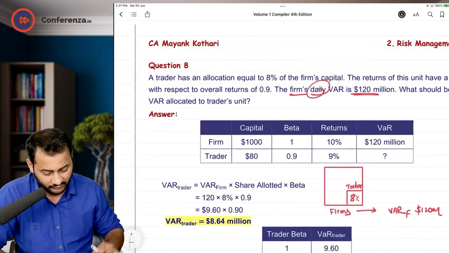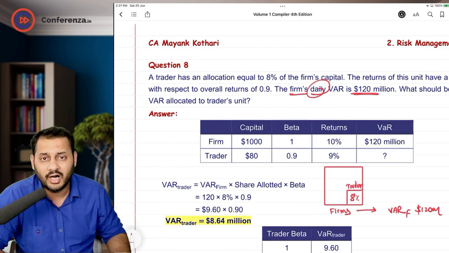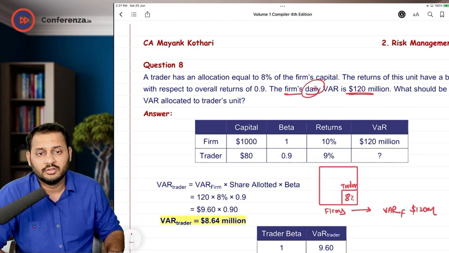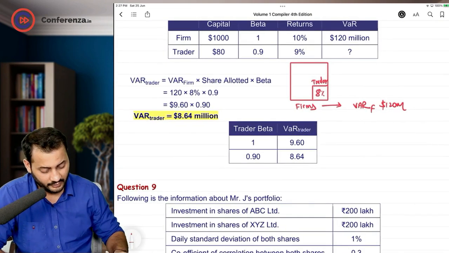What should be the VAR allocated to trader unit? Right. Now have a look.